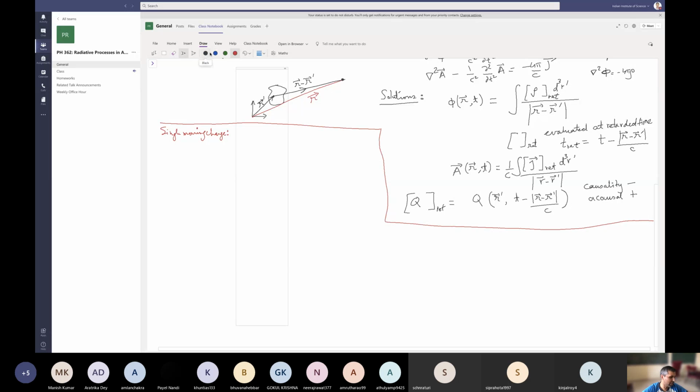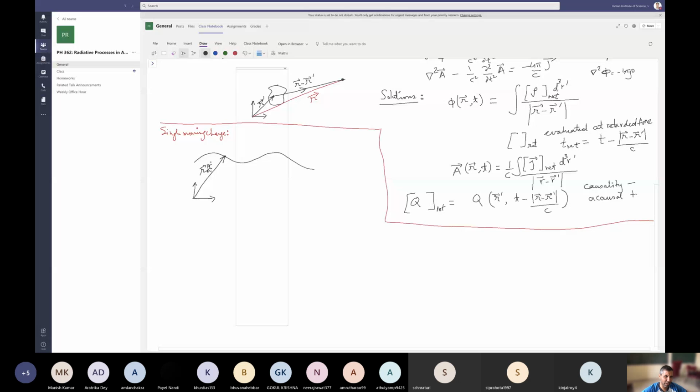Suppose you have a charge whose trajectory is given. You have some charge which is moving in a certain way, and this is the coordinate system. Let's say this is its location at some time, r0. So the trajectory is called r0(t).